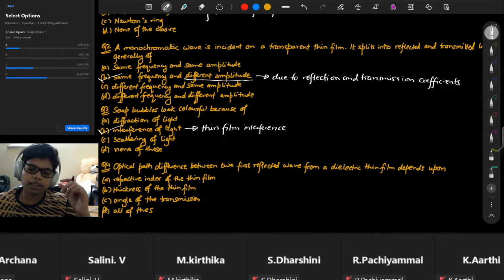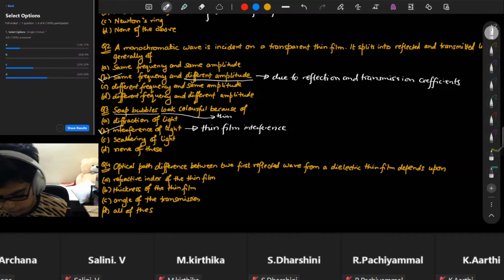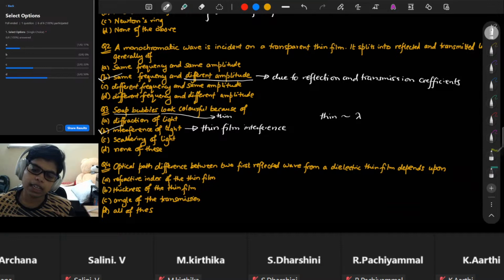Now, soap bubbles are very thin. And when I mean thin, thin means of the order of the wavelength of light. Now, they appear colorful because the thickness of the soap bubble is not uniform. It's not uniform thickness all throughout.